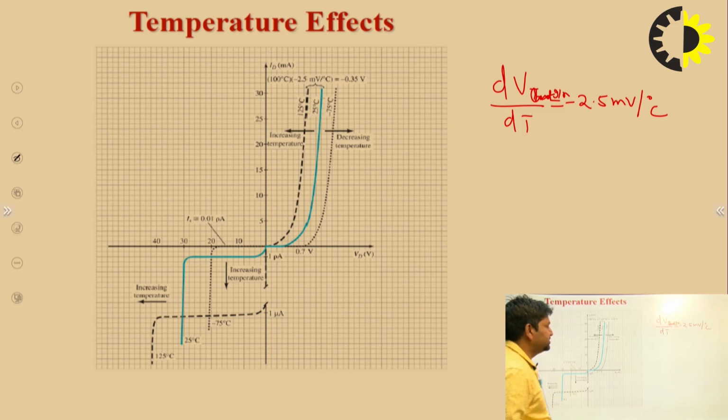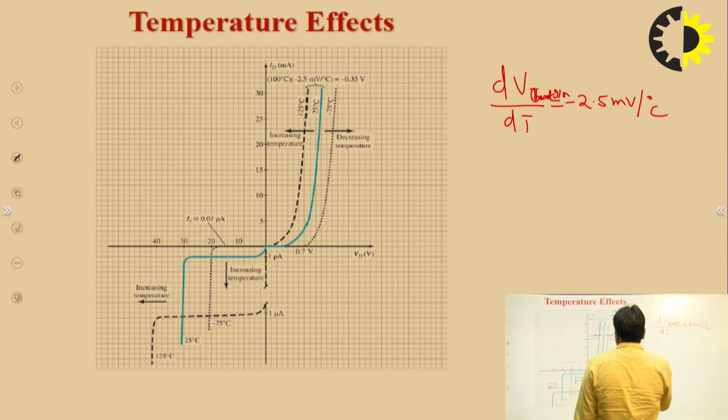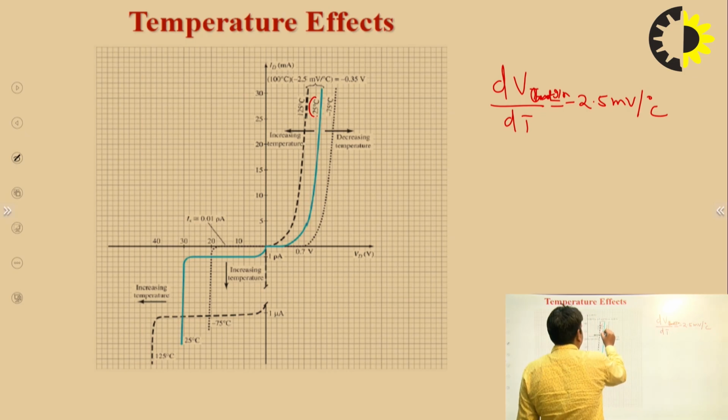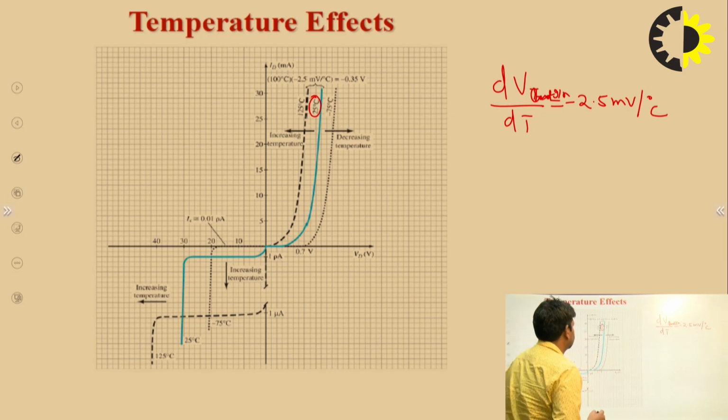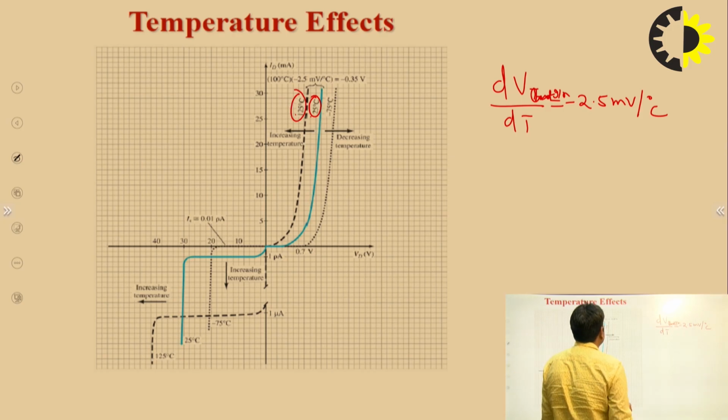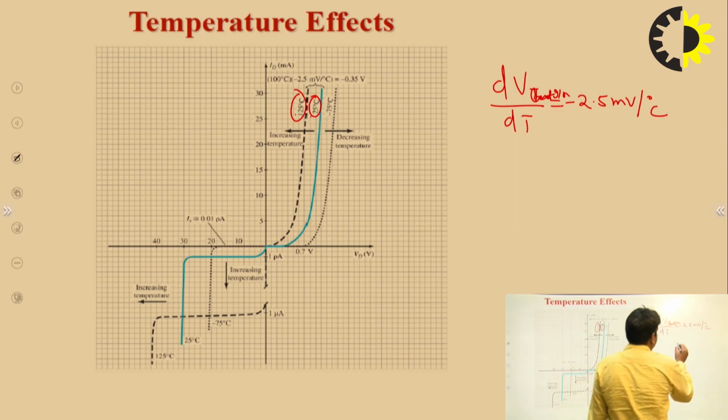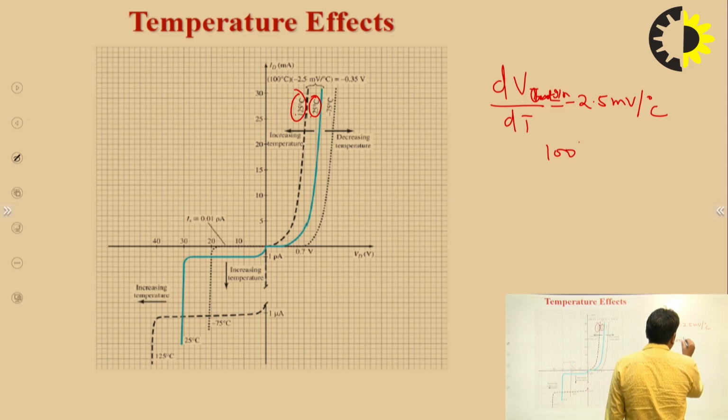So that means if we increase the temperature, suppose this is a graph at 25 degrees centigrade, and this experiment is going on at 125 degrees centigrade, then the temperature rise is 100 degrees centigrade, from 25 to 125.